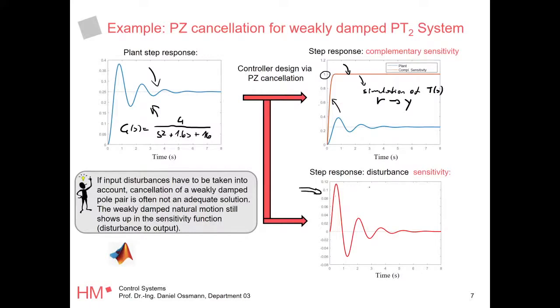If you look at the simulation of the disturbance sensitivity, meaning how a disturbance influences your output, you have some oscillations in there, right? And often you don't want to have those oscillations, and often such oscillations in your system are problematic. And this is why canceling a pole pair which is oscillating is sometimes not a good idea.